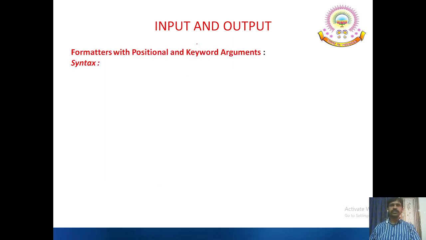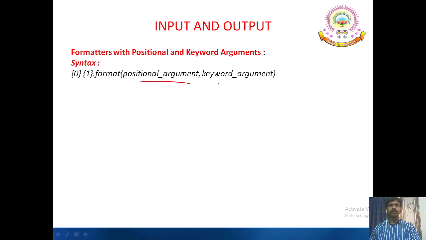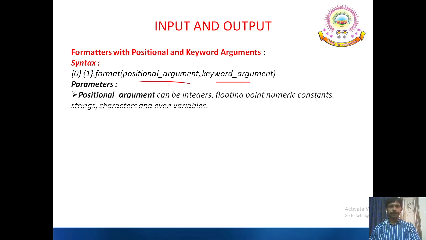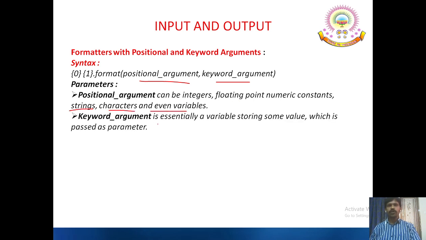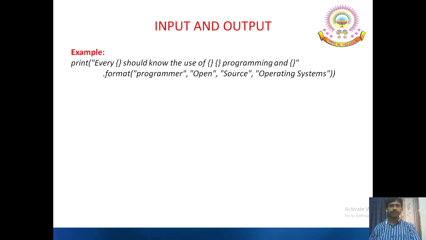Formatters with positional and keyword arguments. Let us see. A positional argument can be integers, floating point numeric constants, strings, characters, and even variables. A keyword argument is essentially a variable storing some value which is passed as a parameter. See the example.